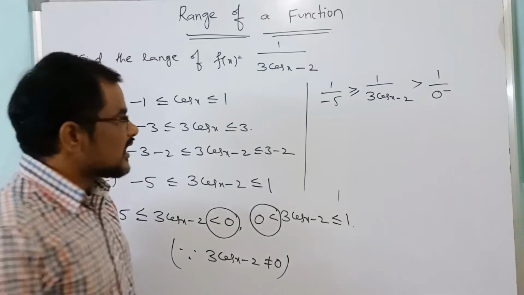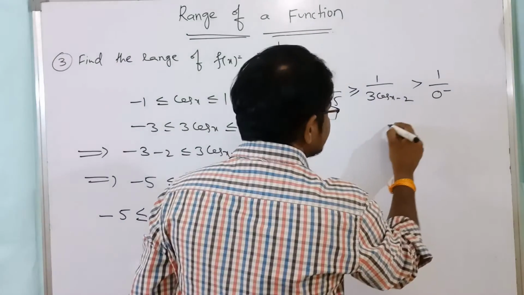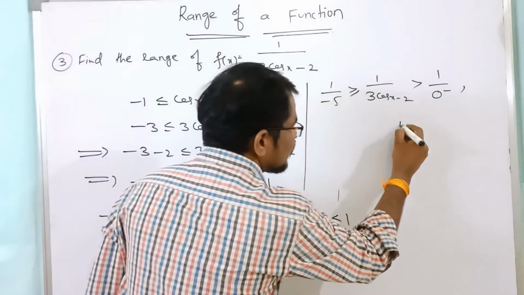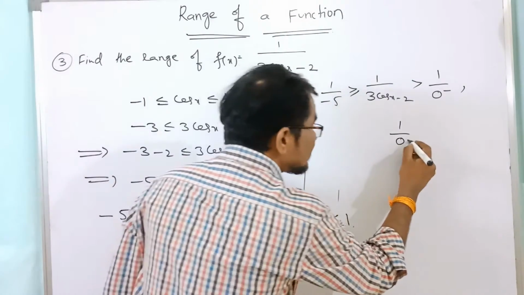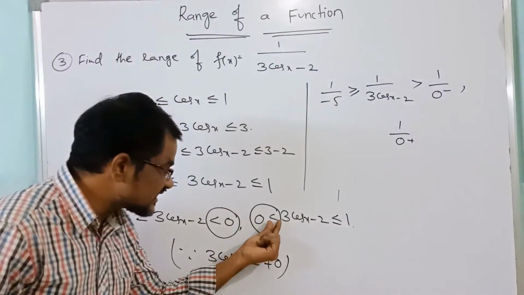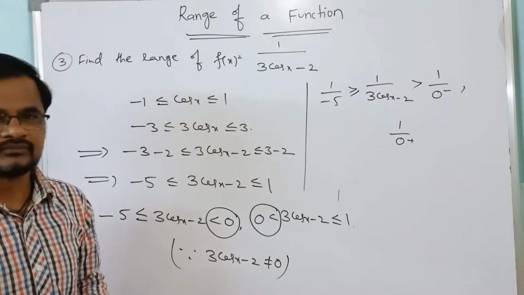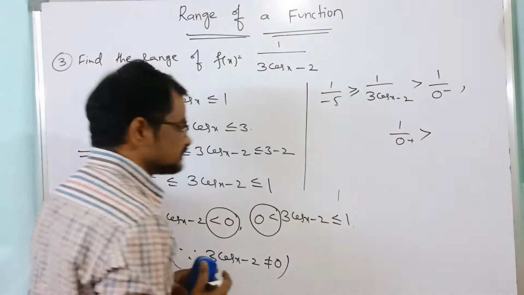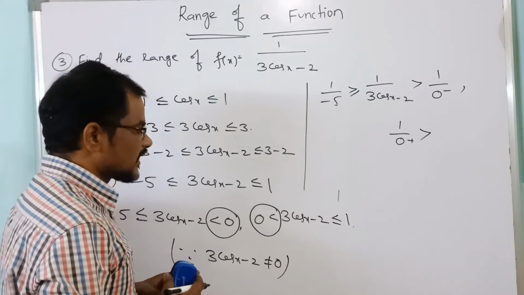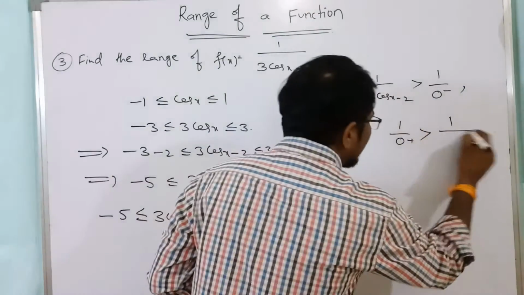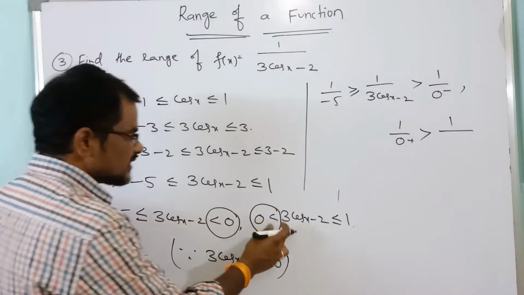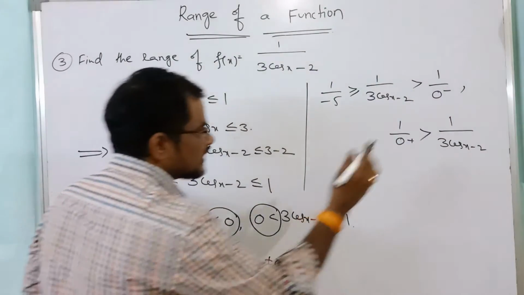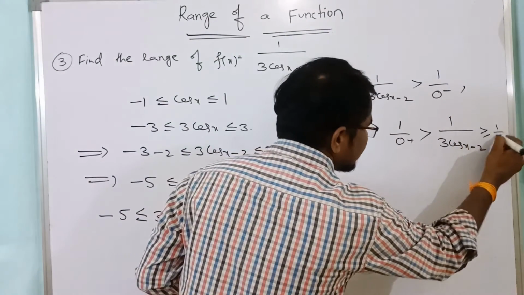Right. And this one, here if you take the reciprocal, 1 by 0 plus, because it is greater than 0. Here less than becomes greater than. Now 1 by 3 cos x minus 2, and less than or equal to becomes greater than 1 by.